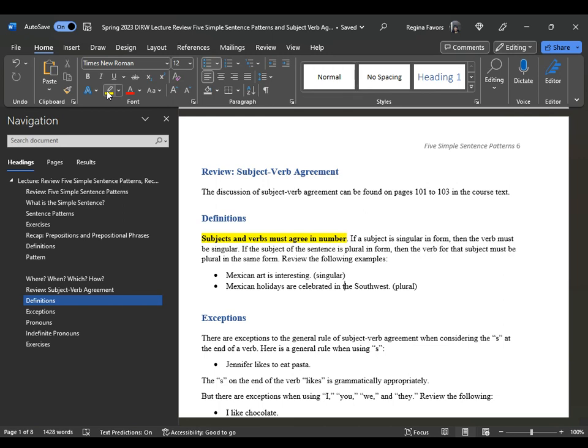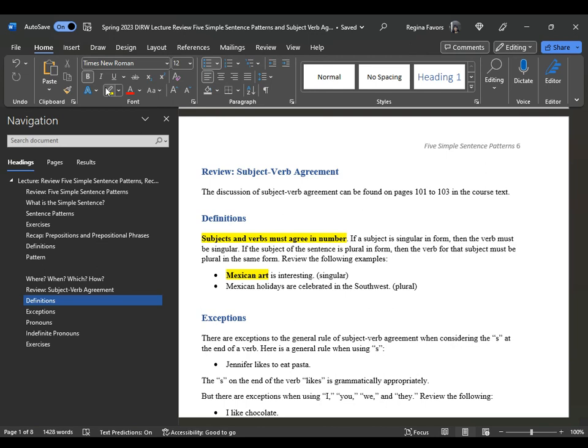Don't pay attention to the idea of Mexican in the sentence. Determine whether the subject of the sentence is actually in singular form or in plural form. Mexican art is considered the whole subject of the sentence, right? It's a type of art. So it is considered the subject, but we're only talking about one particular art.